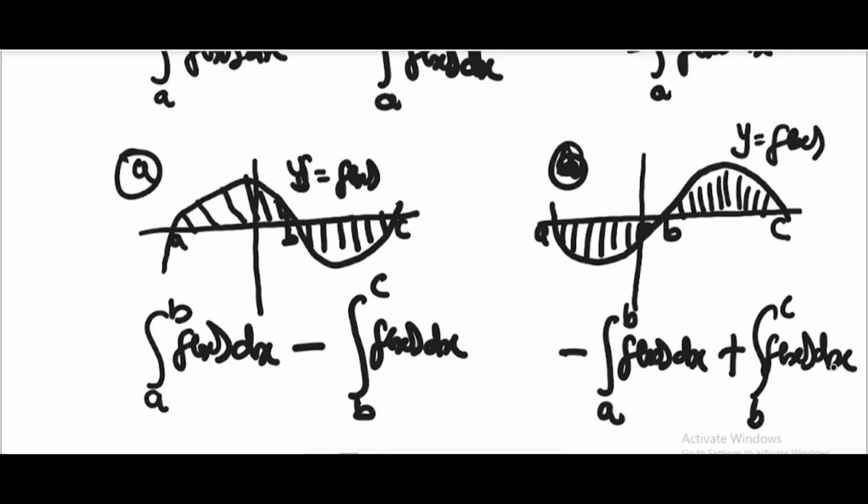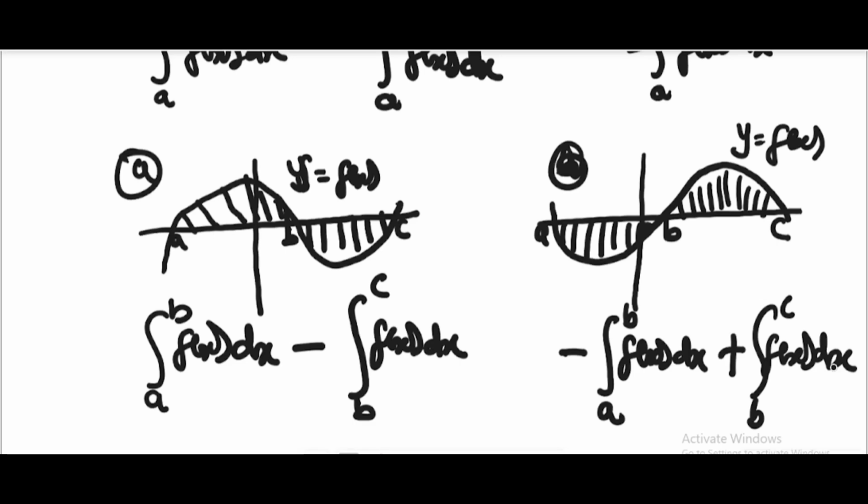We still have y equal to f of x. This is case one. And then for case B, we also have y equal to f of x. So what's the difference between these two? The difference is that in case A, the line is above the curve.